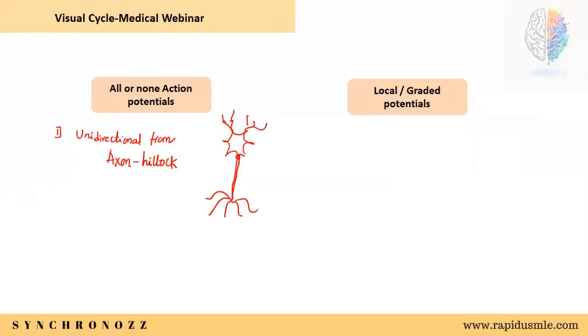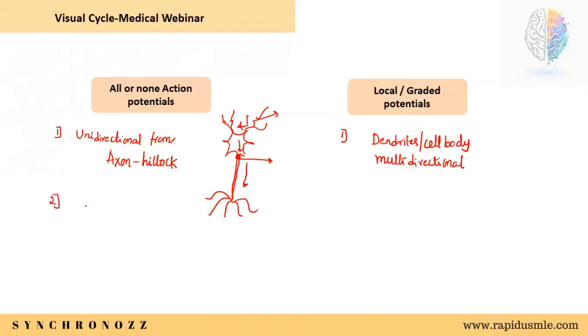Axon hillock is this spot. So whenever action potential is generated, it travels in a unidirection. When it comes to local or graded potentials, they are generated from either dendrites or cell body, and they travel in multi directions. They may either go up, side, or down. So they travel in a multi-directional manner. This is the first basic difference between all or none action potential and local or graded potential.